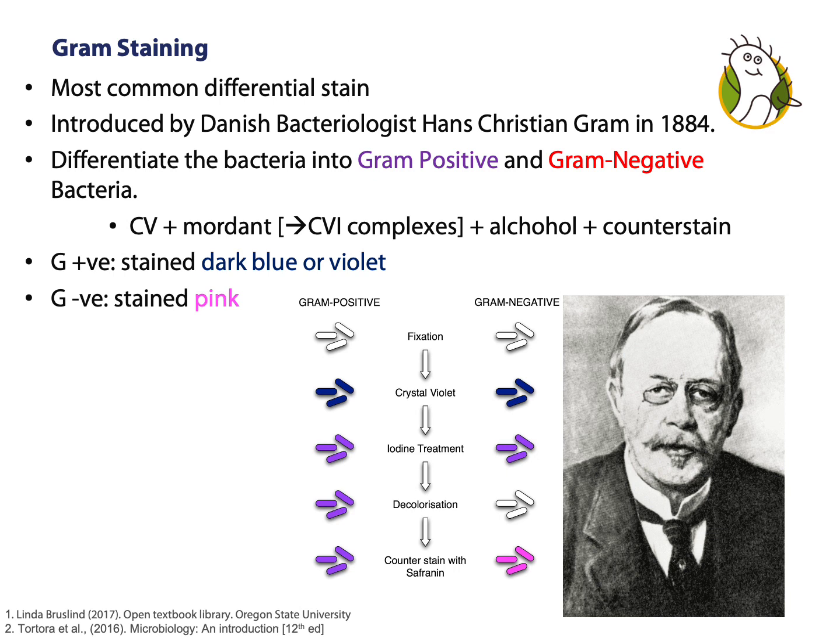The cell wall of gram-positive bacteria is thicker and contains protein-sugar complexes called peptidoglycan, and the lipid content is low. Decolorizing causes this thick cell wall to dehydrate and shrink, which closes the pores in the cell wall and prevents the stain from exiting.